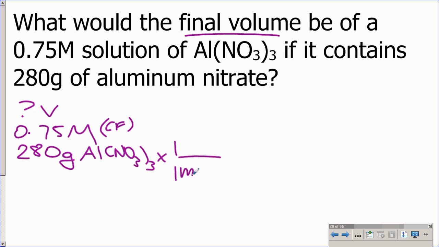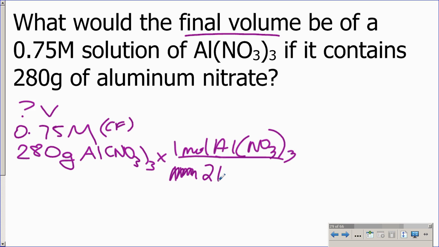1 mole of aluminum nitrate weighs how much? Sorry, my notes are hidden away from me. There they are. 213-ish.